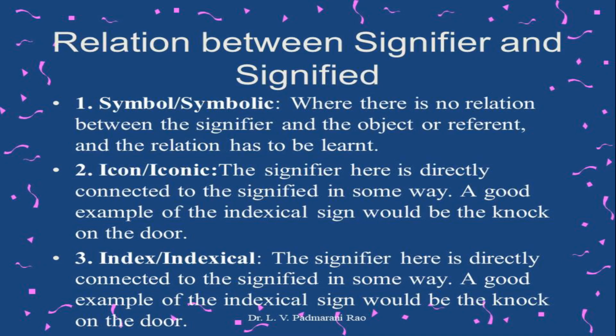So the very first time, where there is no relation between the signifier and the object, we learn it. All language in fact is symbolic. If we understand how we picked up the English language, we go back to our nursery classes where we have the picture books.